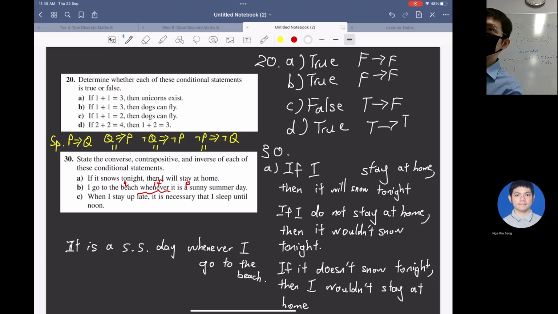This is not the contrapositive. None of the two. I want the contrapositive.